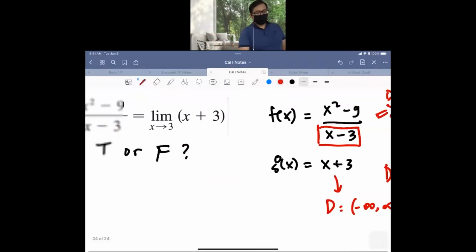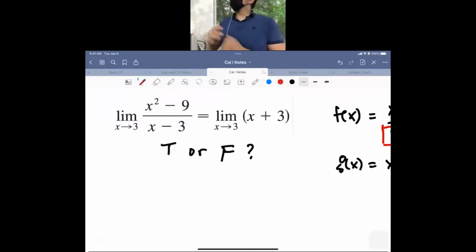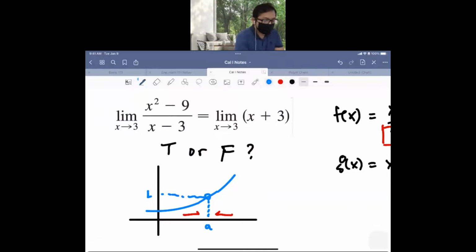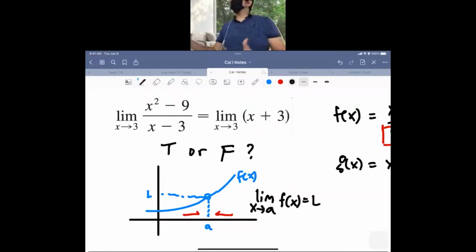So when we have this limit as x approaching 3, we know that in the function 3 is not defined, but we already learned that from the intuitive definition of limit, when this is f of x, the limit as x approaches a gives us L. The same thing here with x squared minus 9 over x minus 3.